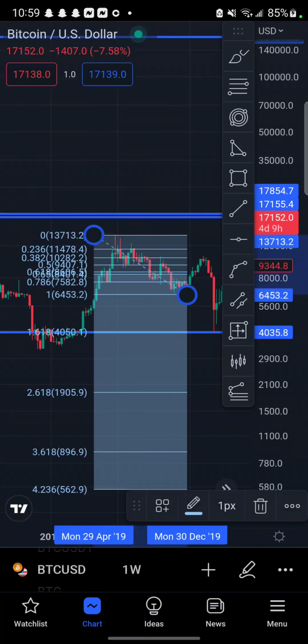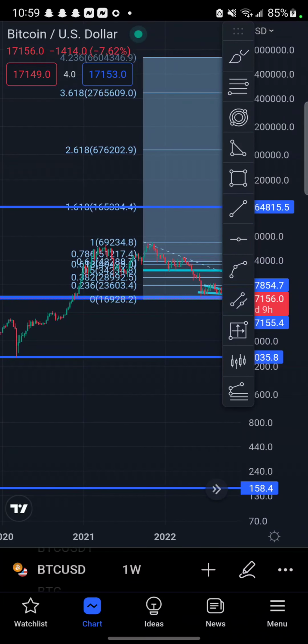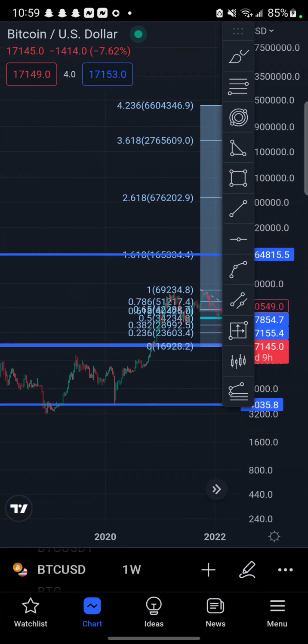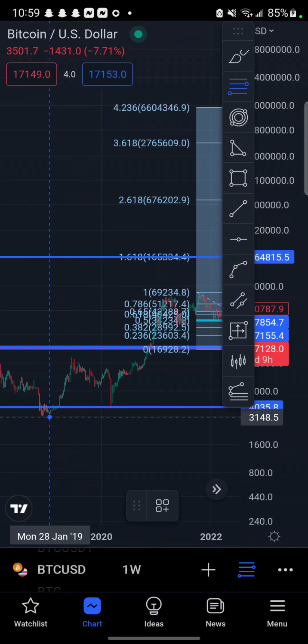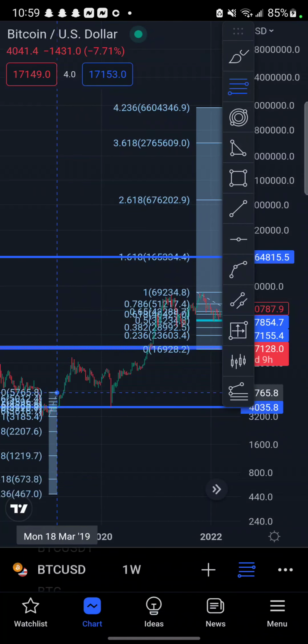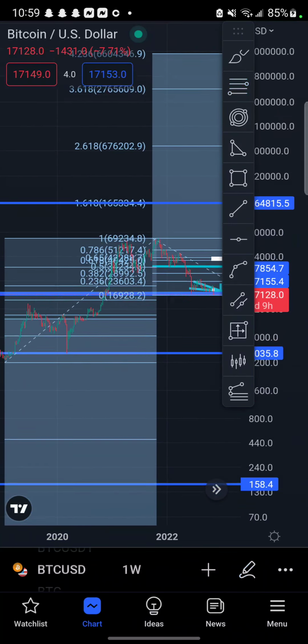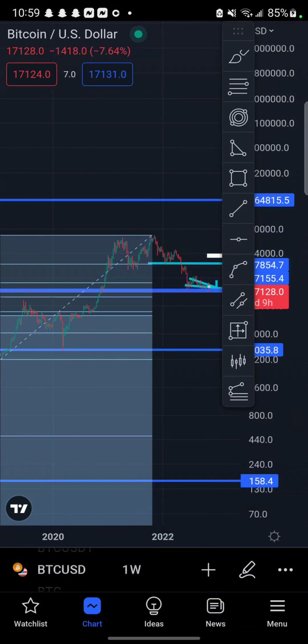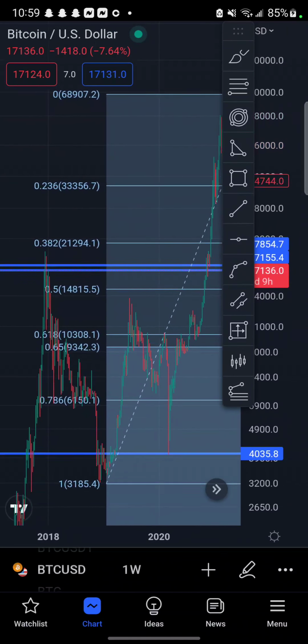Oops, sorry, I deleted the wrong one. Let's do it over. So if we take a Fibonacci from this low to this high, and then we look at the 0.618 Fib, this Fibonacci is showing $10,000.